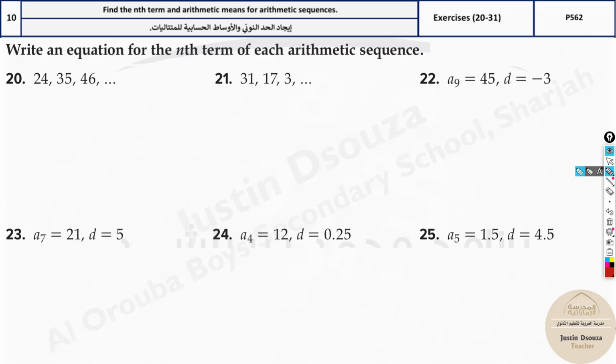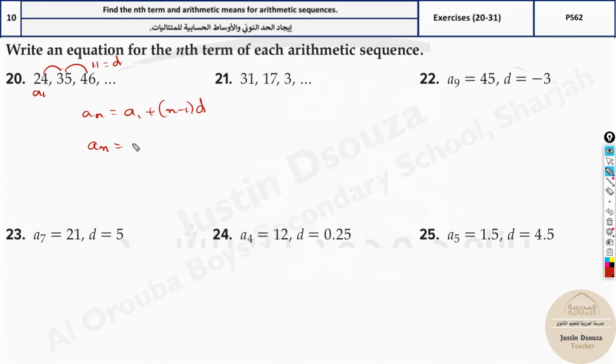I'll solve this. Over here, you need to understand what is the first term and what is the common difference from the given sequence. This is A1. The difference, you can just do 35 minus 24 or 46 minus 35. You'll get 11, that is the d. Substitute in the formula. An equals A1 plus n minus 1 times d.